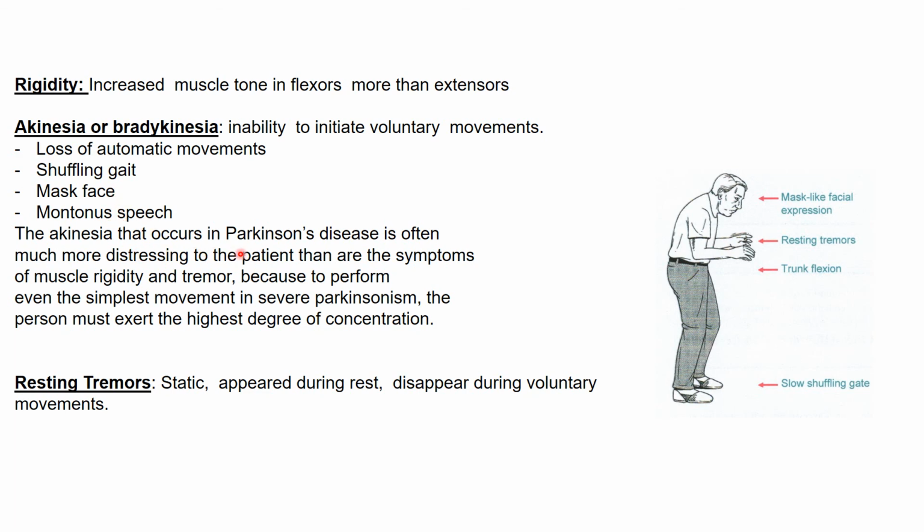The akinesia that occurs in Parkinson's disease is often more distressing to the patient than are other symptoms. It is the most distressing symptom to the patient, more than the rigidity or the tremors, because to perform even the simplest movement in severe Parkinsonism, the person must exert the highest degree of concentration.